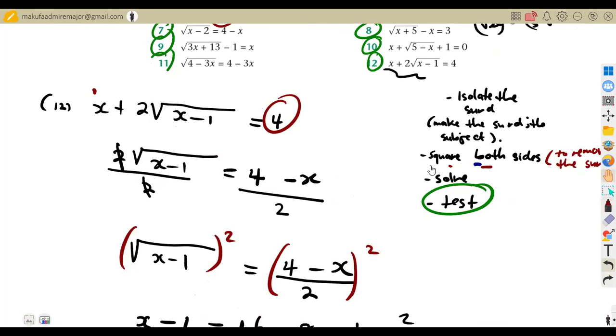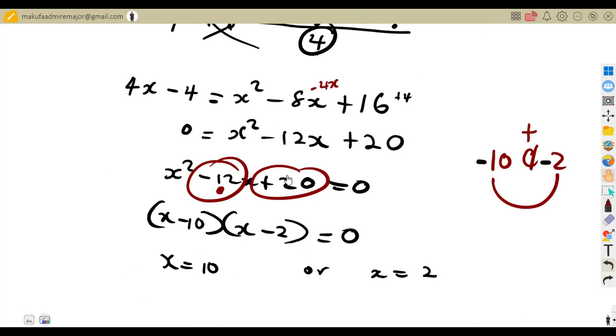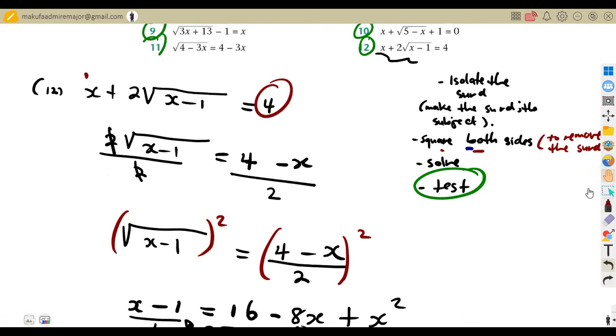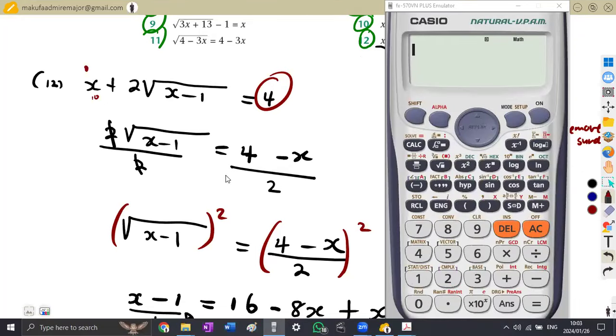So the first solution that we had was a positive 10. You're going to substitute a positive 10 in place of x. For simplification purposes, you can just use your calculator there. That is x being 10.